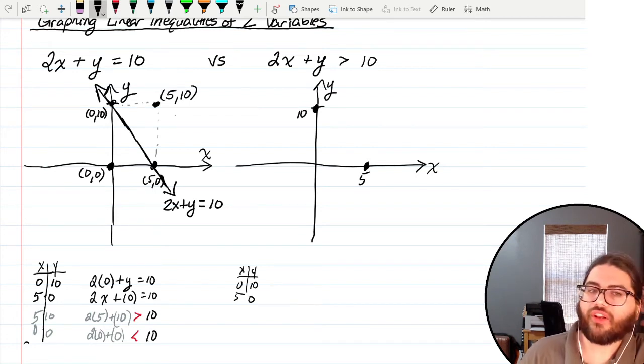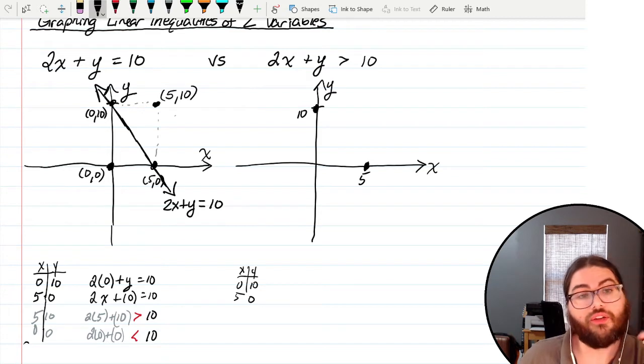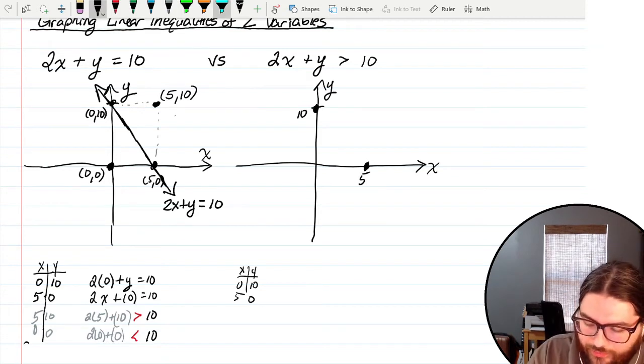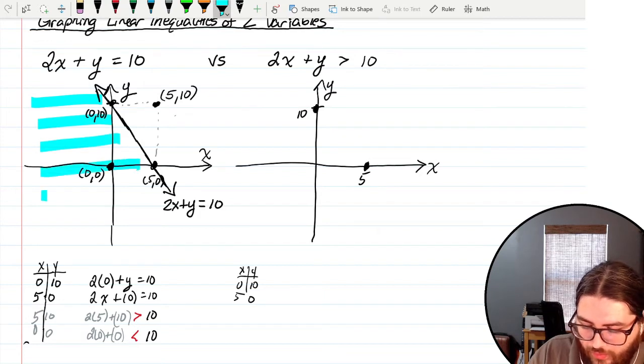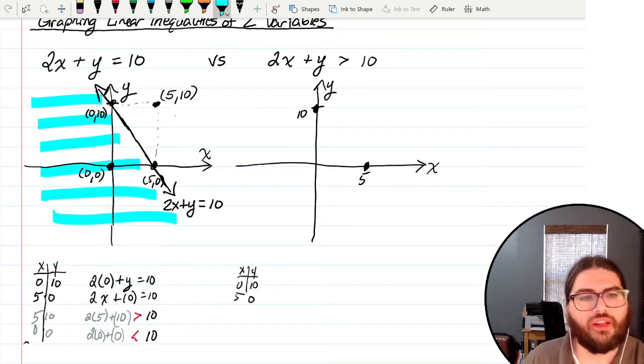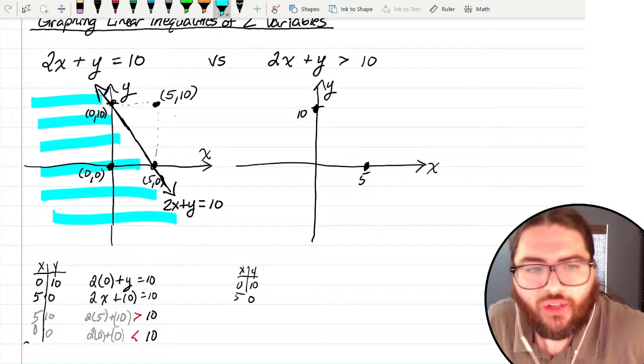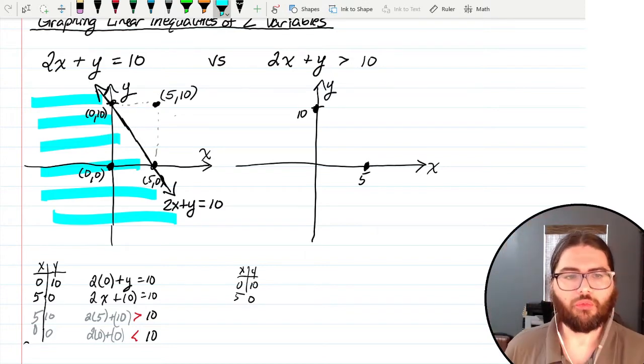And so I can see that all the points on this side of my line are less than 10. That's a really nice property of this two variable case.